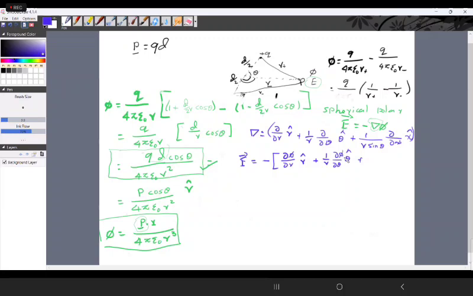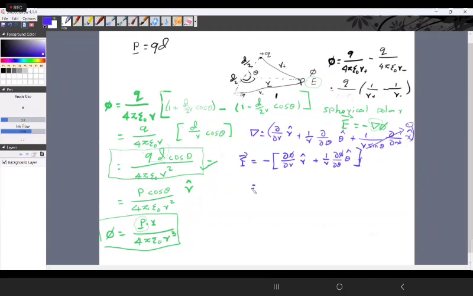This doesn't depend on psi, so in this planar coordinate system that term will be equal to 0, and we can stop there. We know the potential: phi is equal to p dot r over 4 pi epsilon naught r cubed.